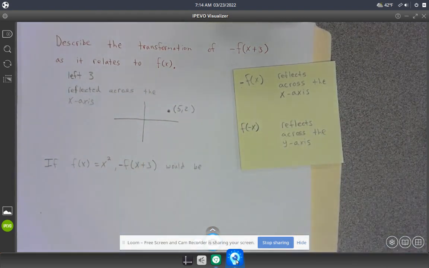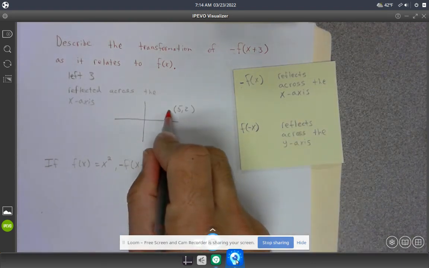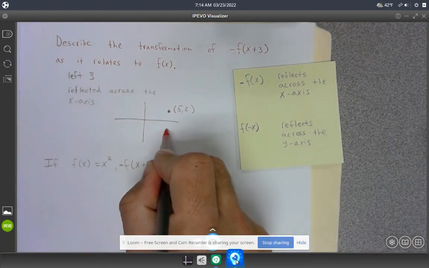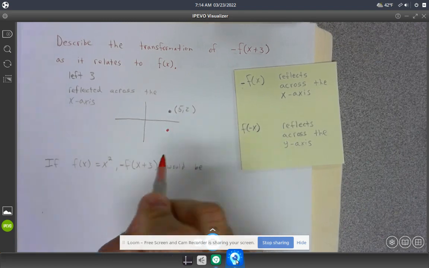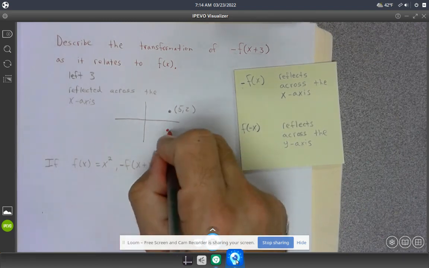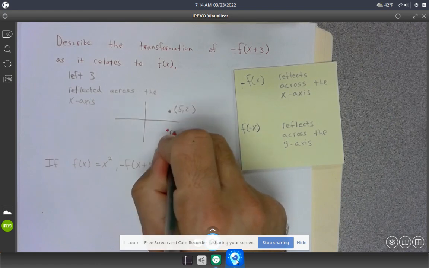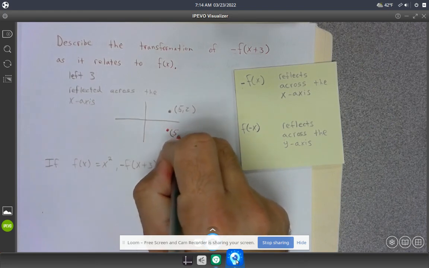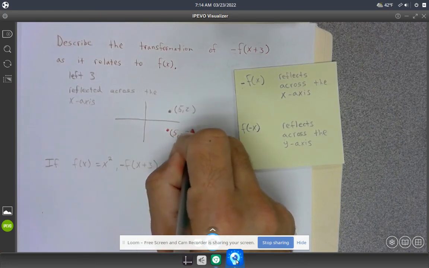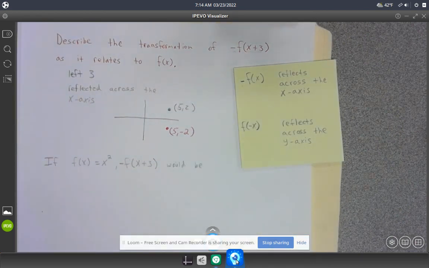Okay. If I were to reflect this across the x-axis, it would wind up right about here, something like that. Now, the coordinates for this new point, well, the x-coordinate would still be 5, right? It's still 5 to the right, but the y-coordinate has changed sign. All right, we just added a negative to it.